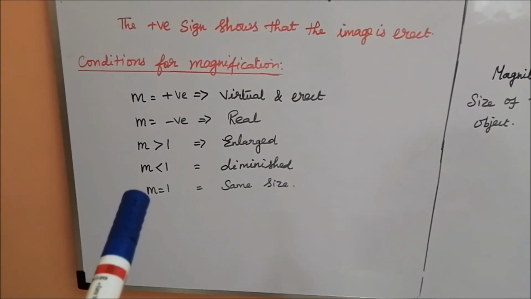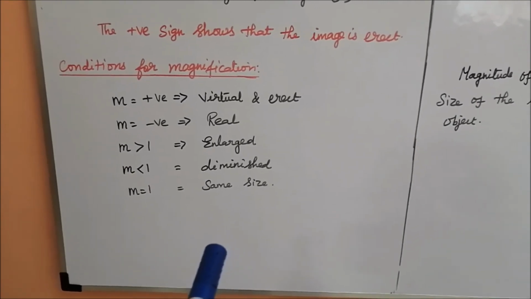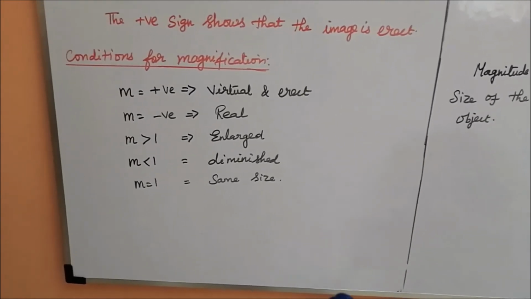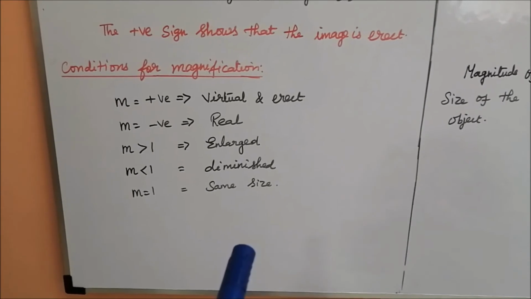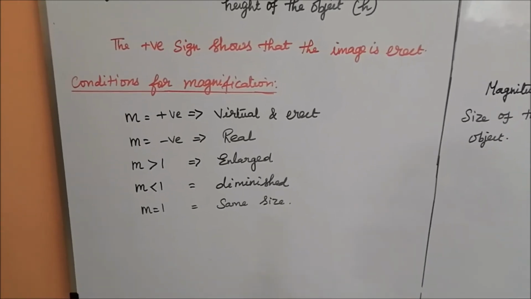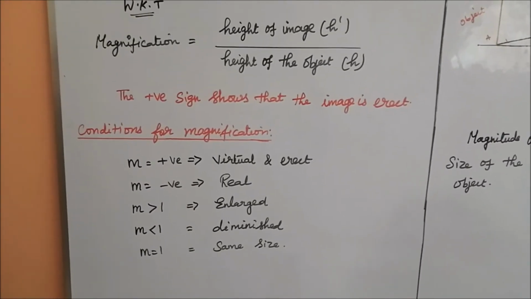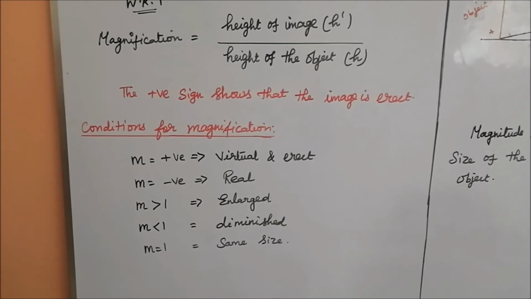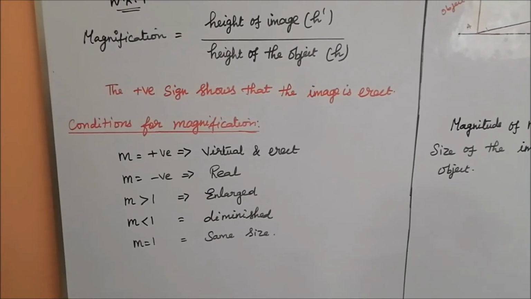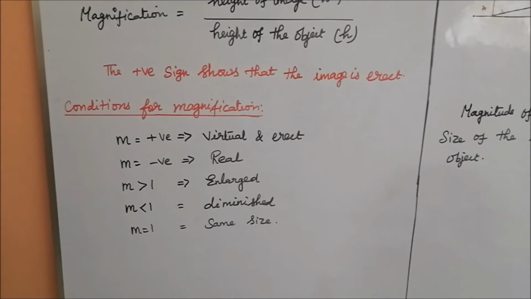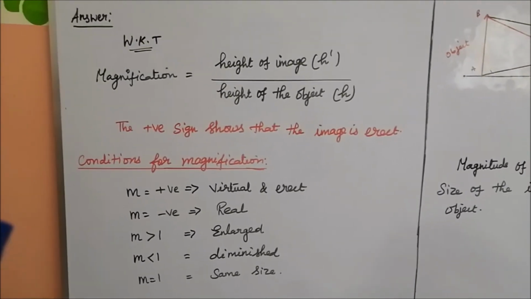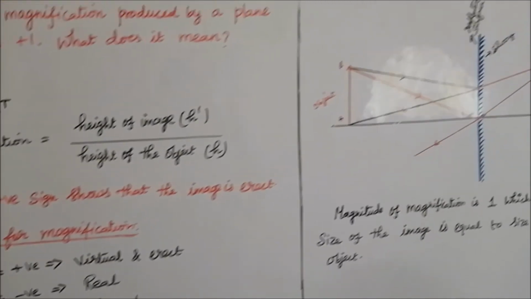If magnification is equal to 1, then the image should be the same size as the object. So now we know the conditions to get +1 magnification. The image should be the same size as the object, and it is virtual and erect.